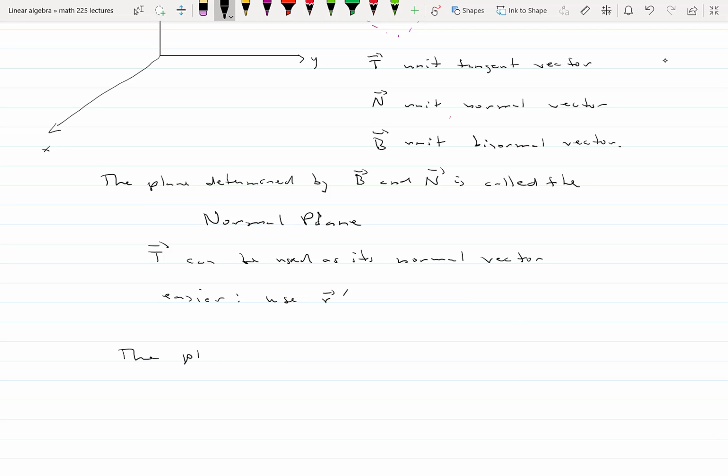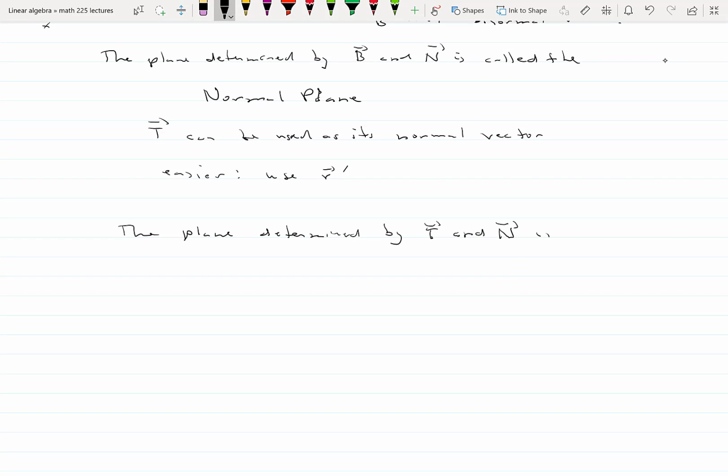The plane determined by T and N is called the osculating plane, not oscillating, osculating plane.